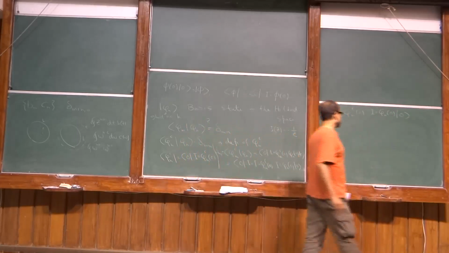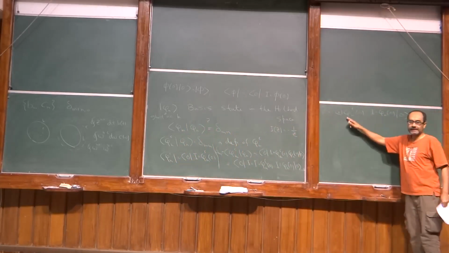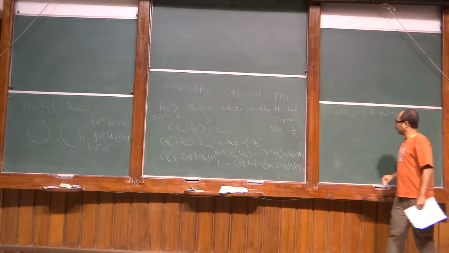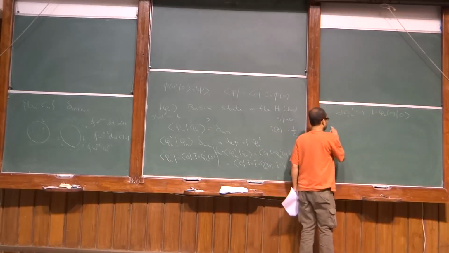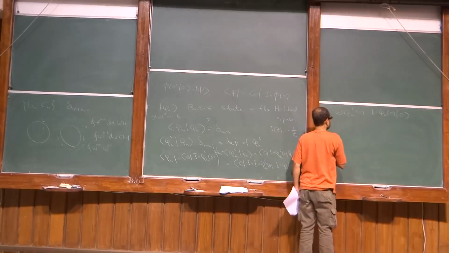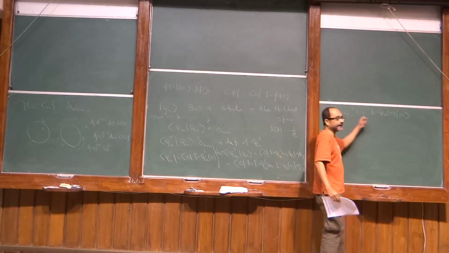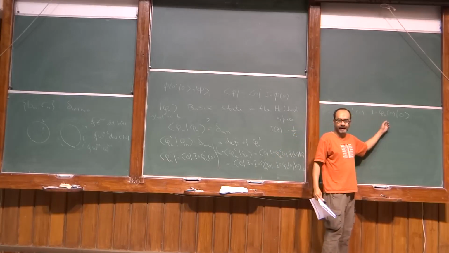And now if you want to write this back as an inner product, you have to bring this on this side and this on the other side. It's understood that all of these are radially ordered inside a correlation, whenever you are taking a matrix element.